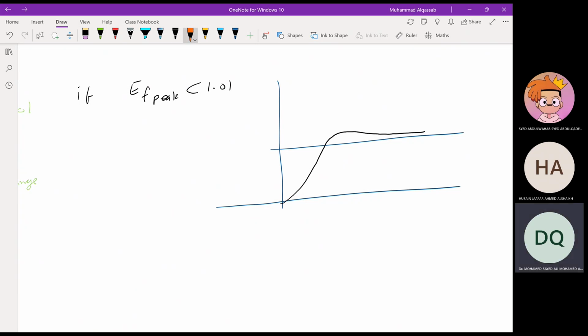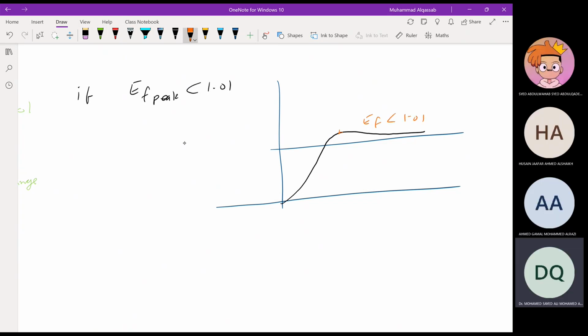So if the error factor is less than 1.01, it means 1.01 is somewhere here, no intersection, and then this is 0.99.